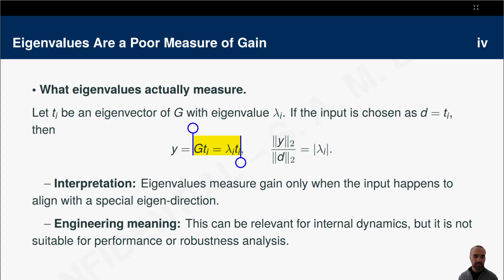They might align somewhere between eigenvectors, for example. What does it mean? It means that eigenvalues measure gain only when the input happens to align with a special direction, or eigendirection.